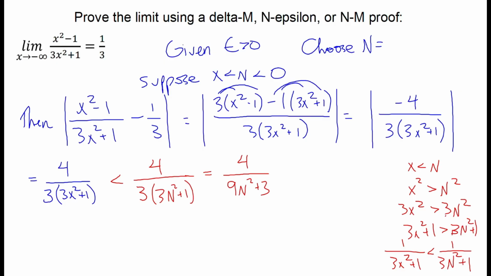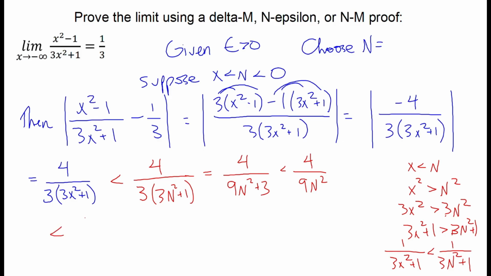And again, if I have 4 over 9n squared plus 3, that should be less than something that has a smaller denominator. So this should be less than 4 over 9n squared. And again, if I'm multiplying n squared by 9, that's going to be bigger than if I don't multiply n squared by 9 in the denominator.